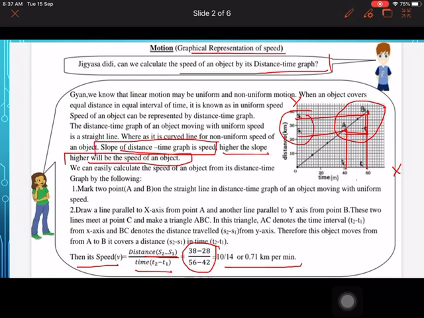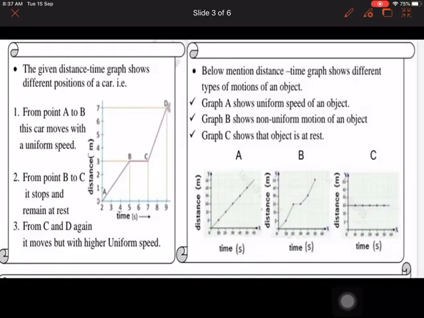Now let's see the different types of graph which are plotted. The given distance time graph shows the different positions of the car because it is going with a non-uniform speed. Firstly, from A to B it is going at uniform speed, then it is at a resting stage, then again at a uniform speed, but overall it is said to be non-uniform speed.